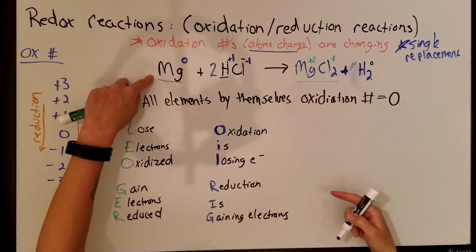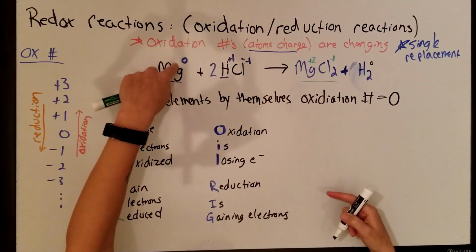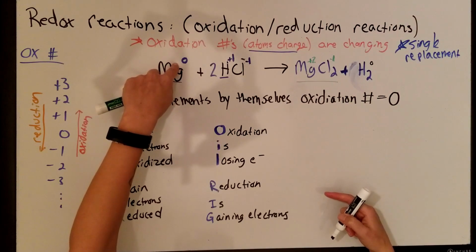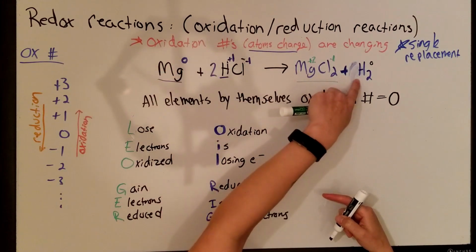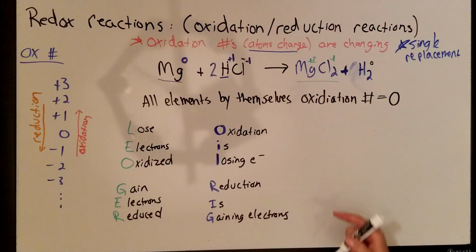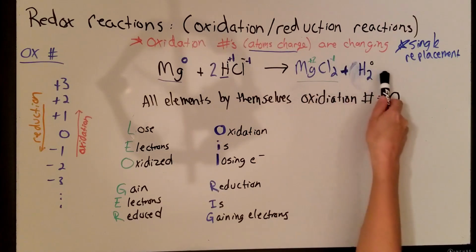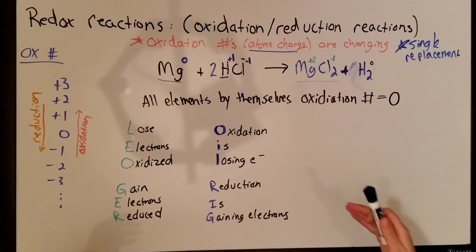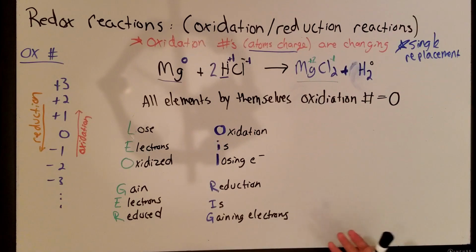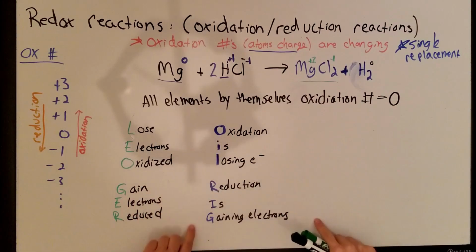So since magnesium's by itself on the reactant side, its charge is 0 on the reactant side. Hydrogen by itself on the product side, its charge is then going to be 0. So we're going to use these charges that we have now written down to figure out which element has been oxidized and which element has been reduced. To figure that out, we're going to use these tools that I have written here.